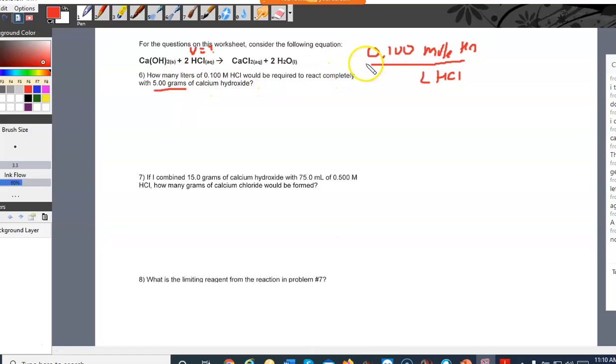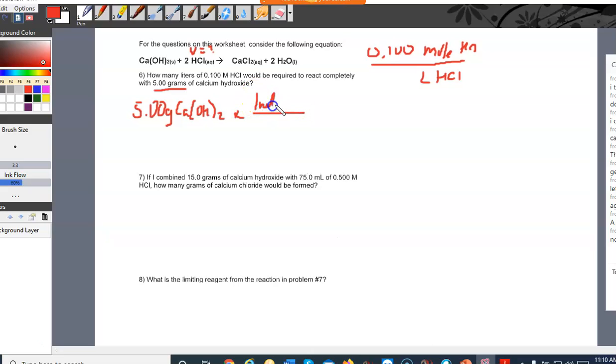If I have 1 liter, I have 0.1 moles. If I have 10 liters, I have 1 mole, but I'm trying to find that many liters. However, for 5 grams of calcium hydroxide, I have enough information to convert that into moles. So you always want to look at what information you have that is enough to convert into moles.